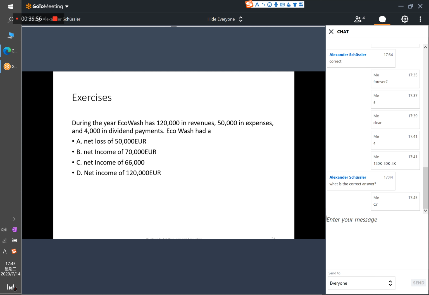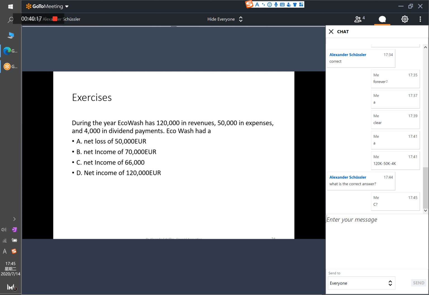Think about it, Liang. How do you come up with the net income? If you think about the income statement, what is your net income? Your net income is all the income minus all the expenses.